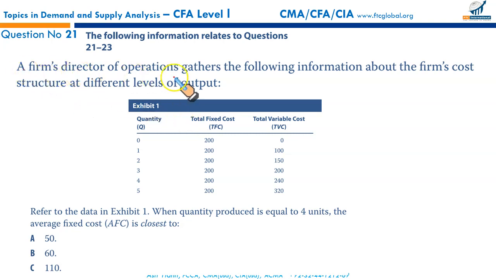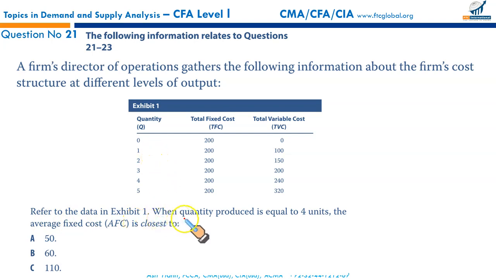A firm's director of operations gathers the following information about the firm's cost structure at different levels of output. These are the quantities, this is the total fixed cost, which stays the same within the relevant range, and the variable cost increases as we produce more units. Refer to the data in Exhibit 1.